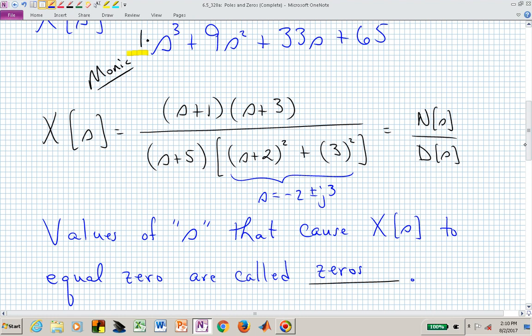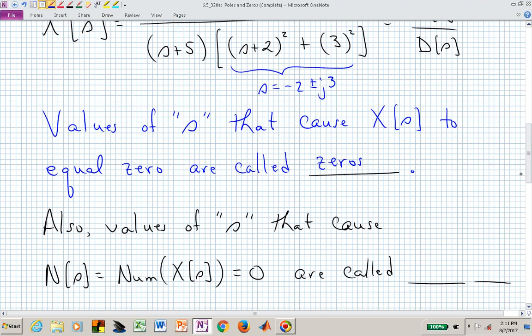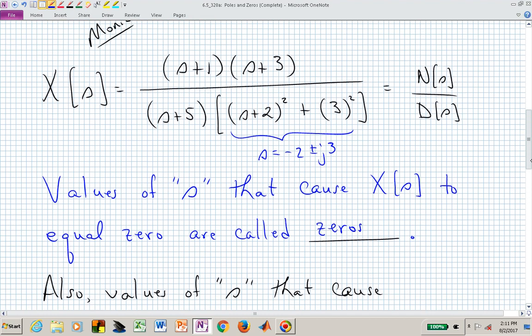And if you look at this, since it's strictly proper, the numerator degree is 1 less than the denominator degree in this particular case. Strictly proper just means that the numerator degree has to be less than the degree of the denominator. It doesn't have to be just a factor of 1 different. But let's now make the distinction between zeros and another type of zero, which is that associated with the values of s that cause the numerator to equal 0.